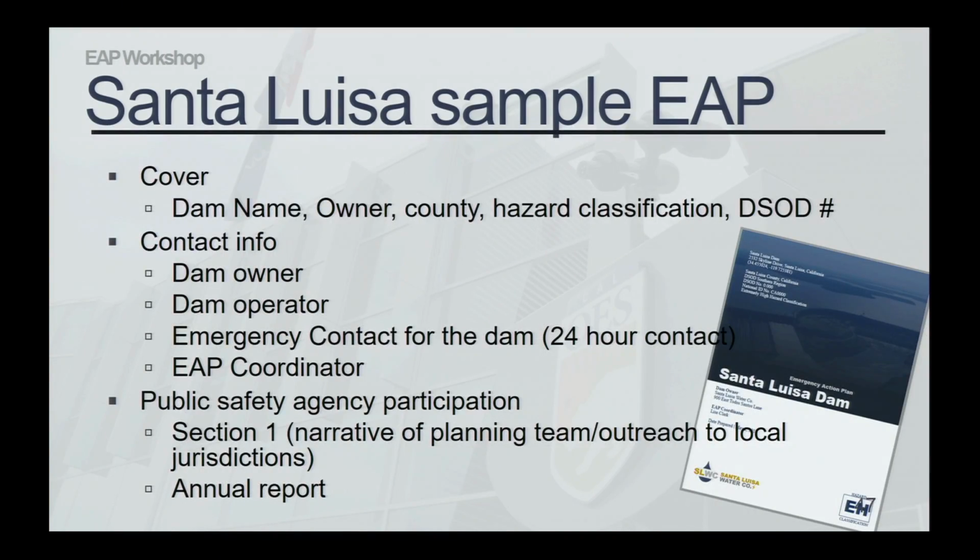Key participants included the Santa Luisa Office of Emergency Services, the Santa Luisa County Sheriff's Department, and the Santa Luisa County Fire Department. The National Weather Service and city officials were also contacted for their input. So right there we have proof and documentation that the Santa Luisa Dam worked with their stakeholders, took that information, and they incorporated it into the document. So that's here for you online as well as a hard copy. It's a great example for you to work from.